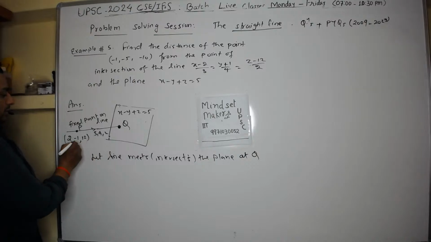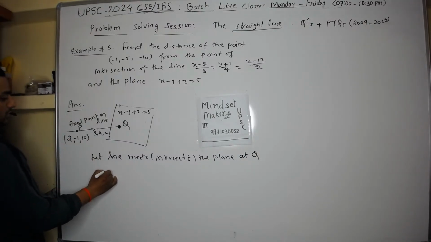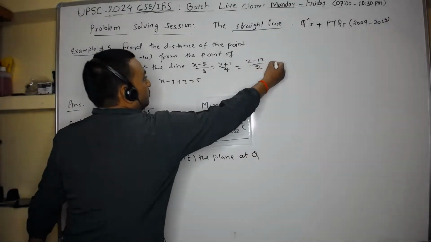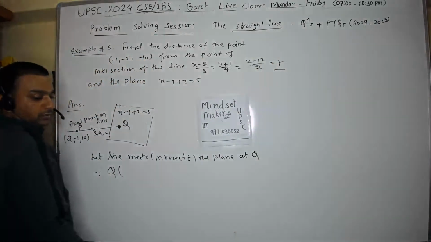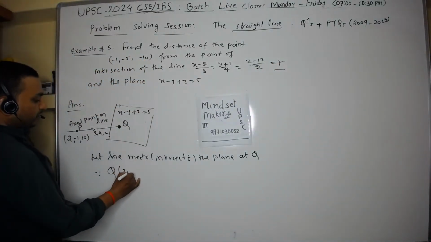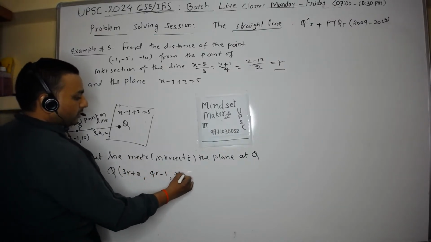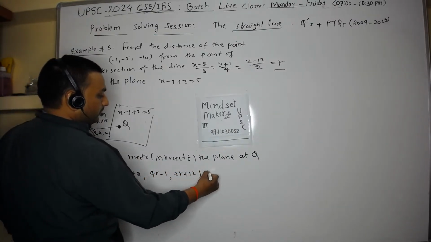What will be the arbitrary point over this? Since q will be, we will assume this as r, right? So the coordinates will be 3r plus 2, 4r minus 1, 2r plus 12.